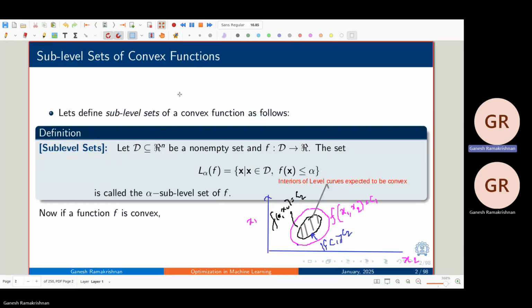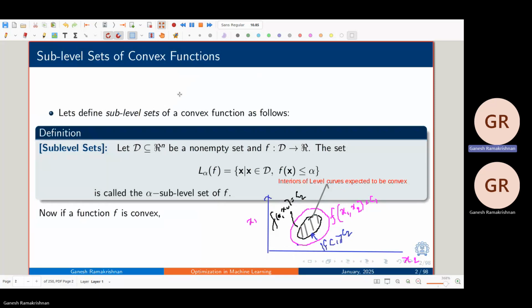And what is your answer? We had already shown the implication in one direction, which is if a function is convex, all its sublevel sets are convex, right? That intuition is clear. This we proved and illustrated.